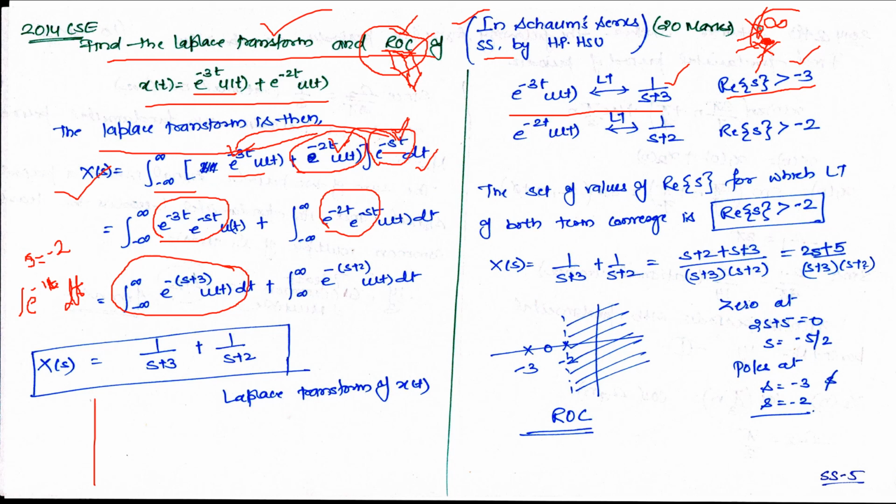If you plot this e power minus 1t, it is the exponential decay. It will look something like this, and obviously the area under the curve is a finite value in this case. That's what integration is, area under the curve. So e power minus t will look something like this, and obviously the area under the curve is a finite value, hence this is a converging term.